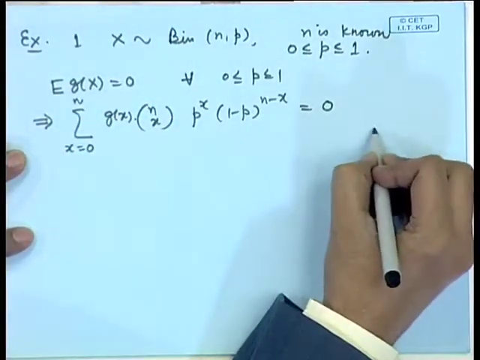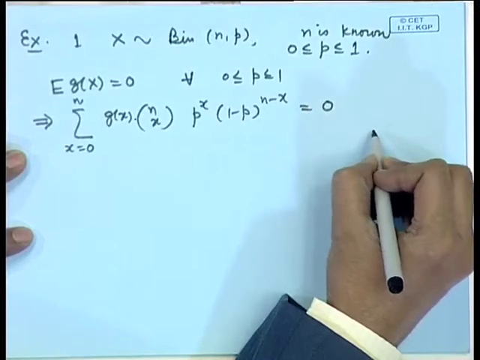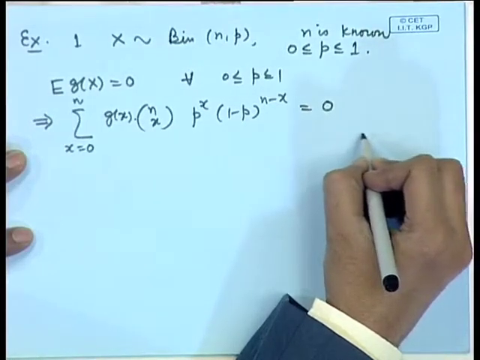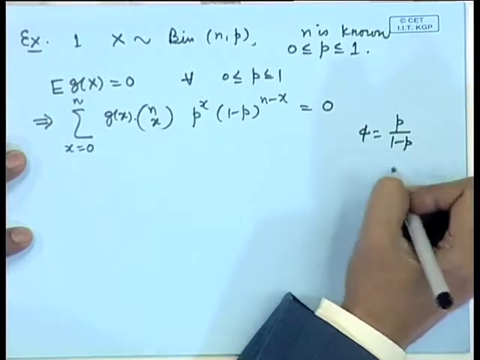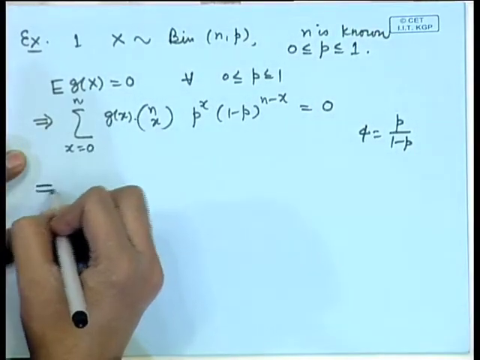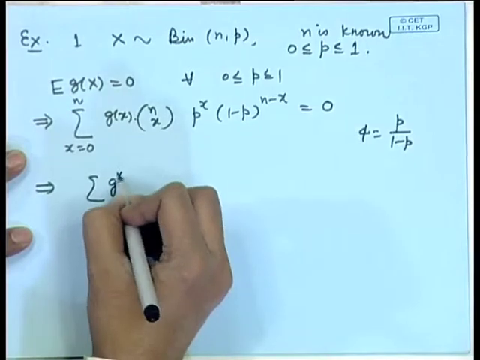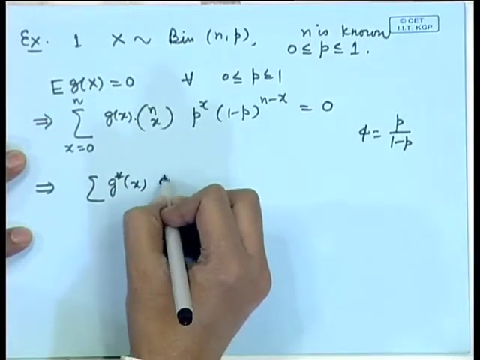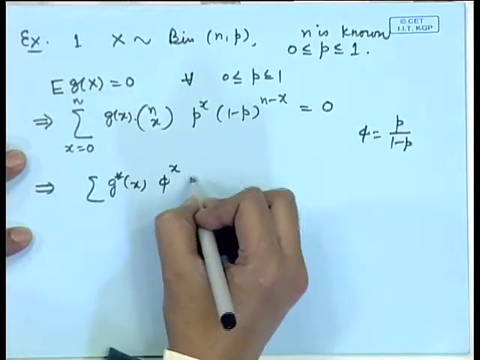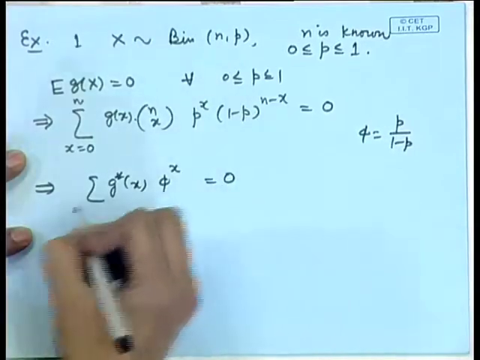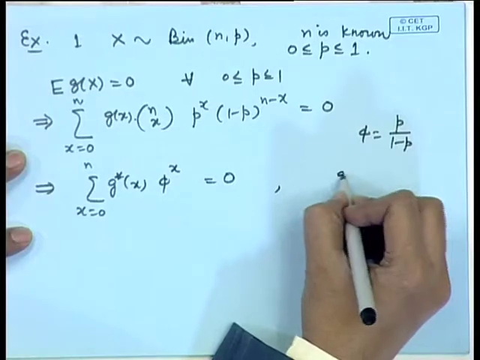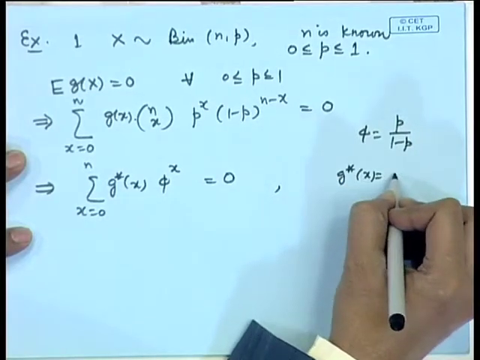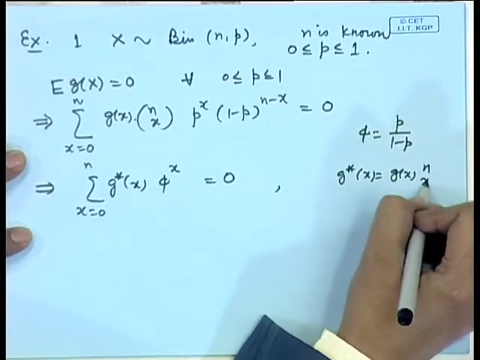We may introduce a term called phi equal to p by 1 minus p. Then this term I can write as sigma g star(x) phi to the power x equal to 0, where g star I have written as g(x) into nCx.